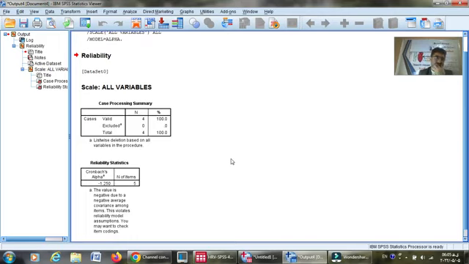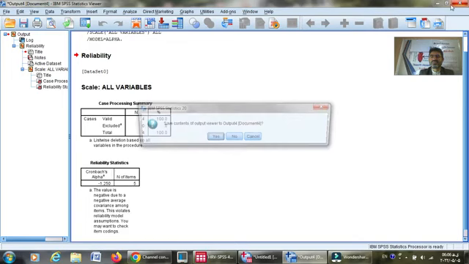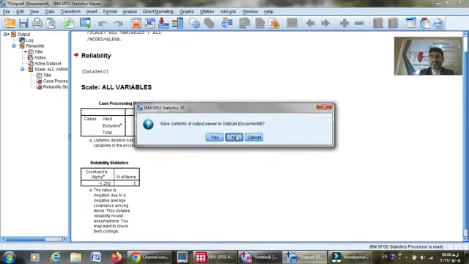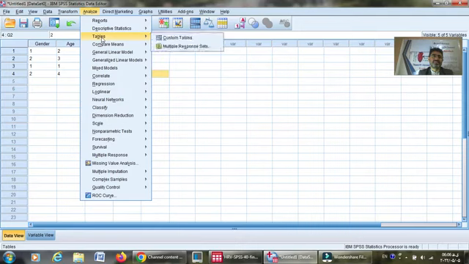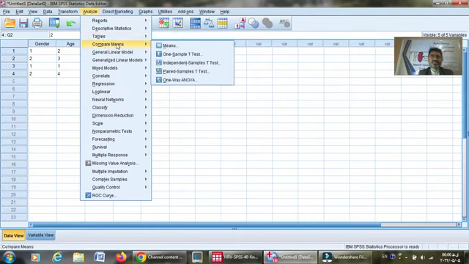Here we can see minus alpha, Cronbach's alpha, because we don't have a real data set. When we have a real data set, of course, there would be valuable and reliable Cronbach's alpha. We can do this test to test the reliability of our data and also the level of internal consistency of our data.